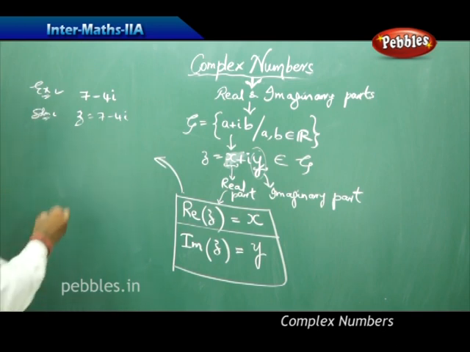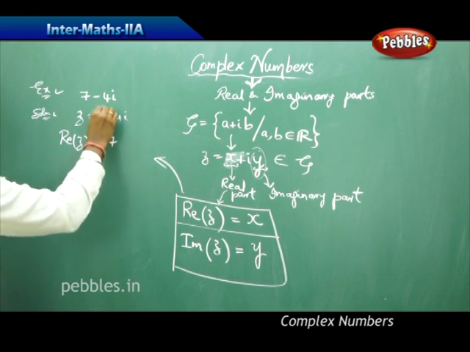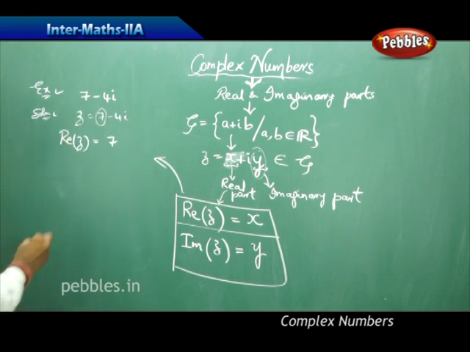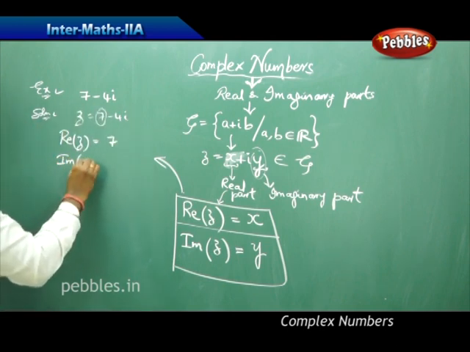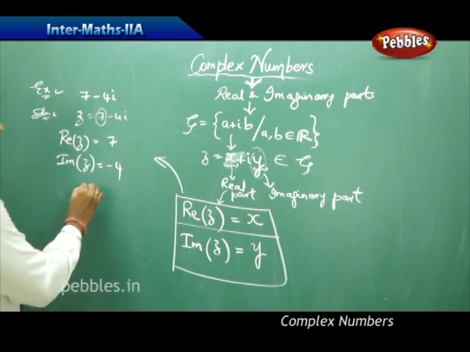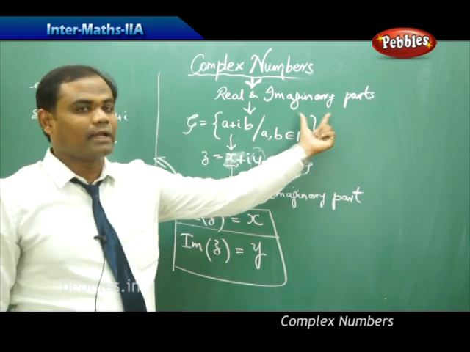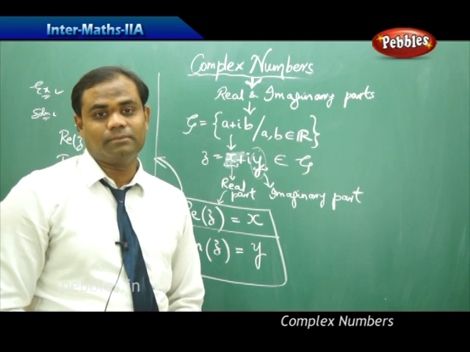Then in this case, my real part of z is 7 because this is independent of i, and my imaginary part of z is minus 4 because the coefficient of i is minus 4. This is how I understand this concept of real and imaginary parts of a complex number.